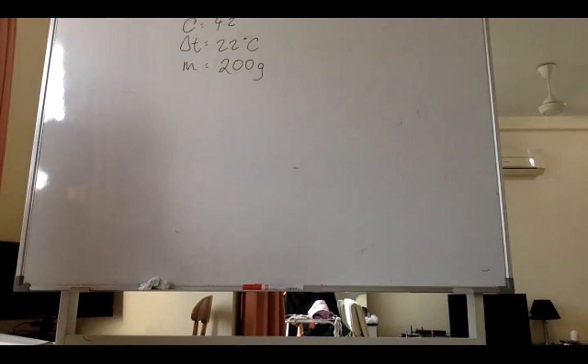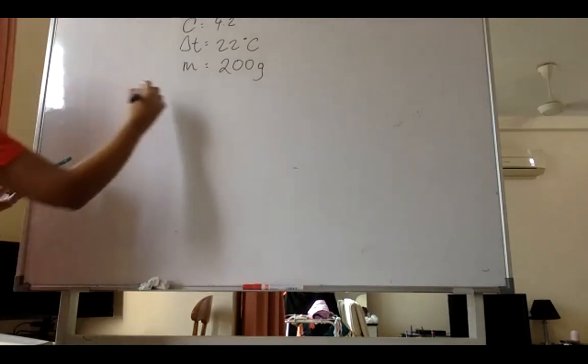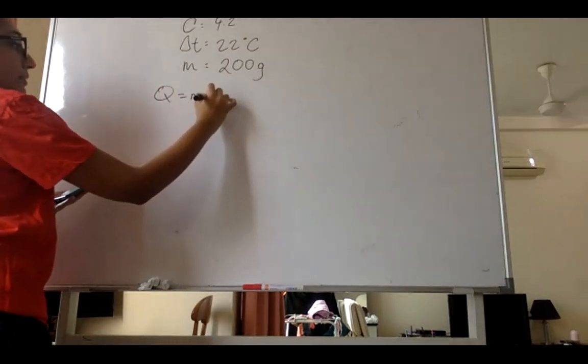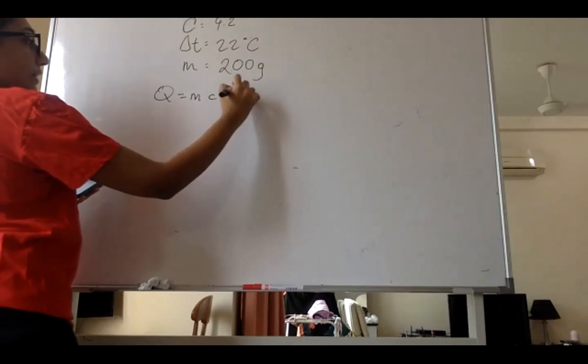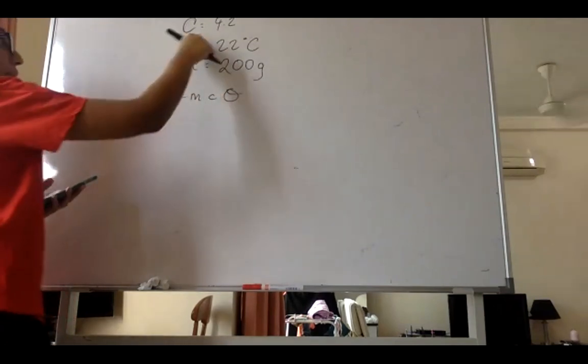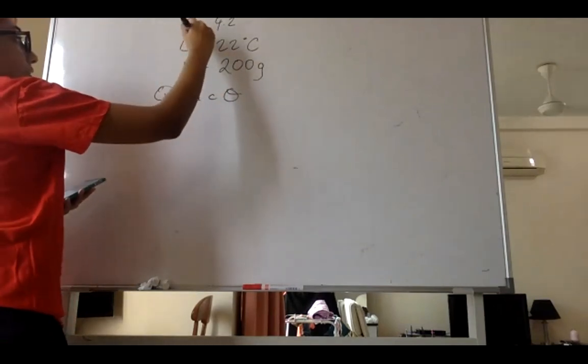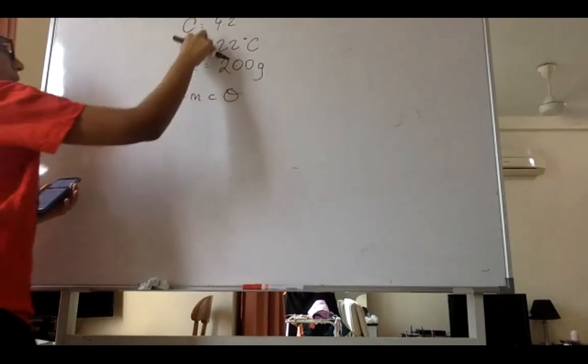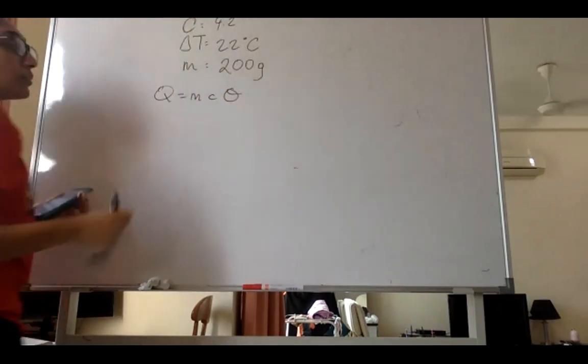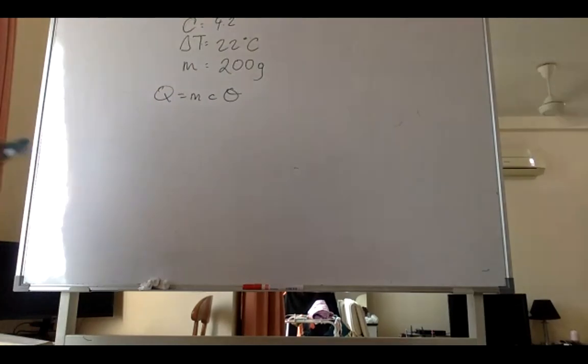So, what formula am I using? Times specific heat capacity, everything times each other. Q equals mc theta, theta being the change in temperature. We use big T for temperature because small t is time.